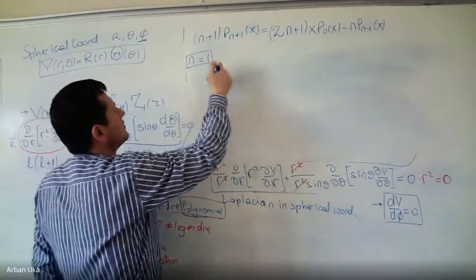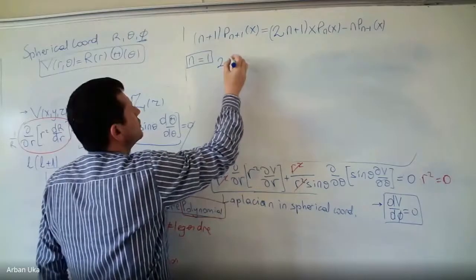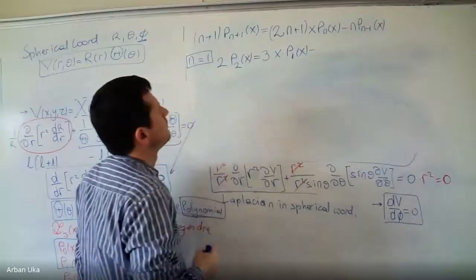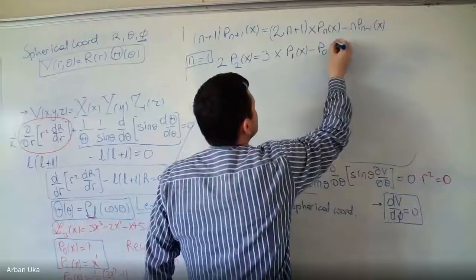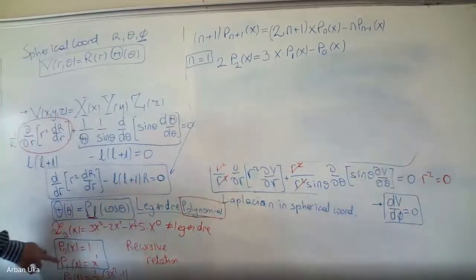What should I write? n plus 1 is 2. So 2 times P_2(x) equals 3 times x times P_1(x) minus, we don't write 2x here, 0, 0 times P_0(x).